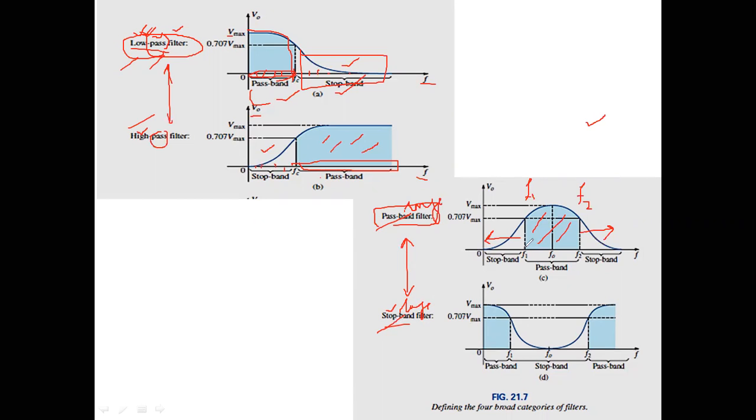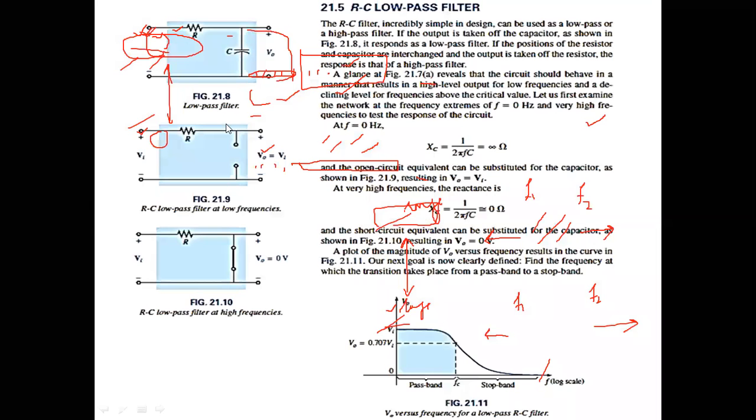So the portion that has been passed by the pass band filter has now been blocked by the stop band filter, and it allows the rest of the portions. For example, if you want to stop a range from f1 to f2, it will stop this range and allow higher than f2 and below f1. So this is the whole story of the filters. Now we will study one by one in detail.